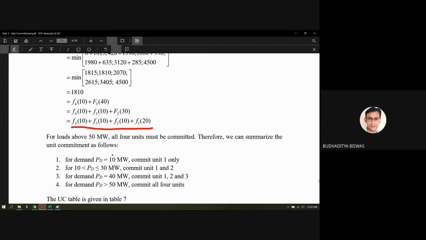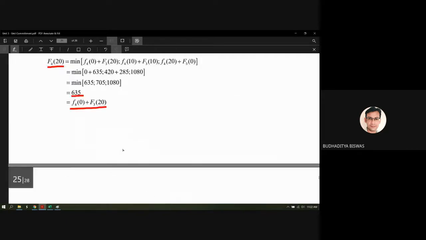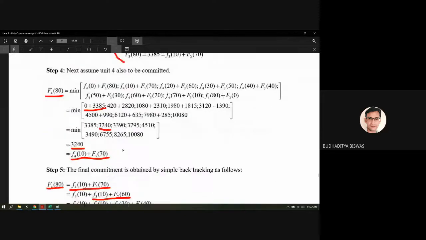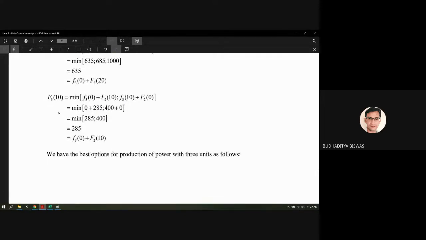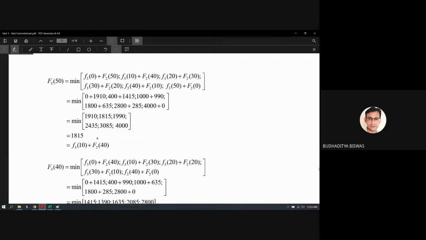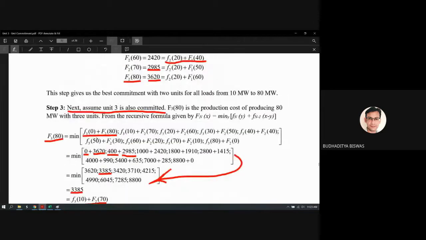The table is that for demand PD equal to 10 megawatt, commit unit 1 only. Why? Because here you see F310 is coming 285. Let's see what is F210.